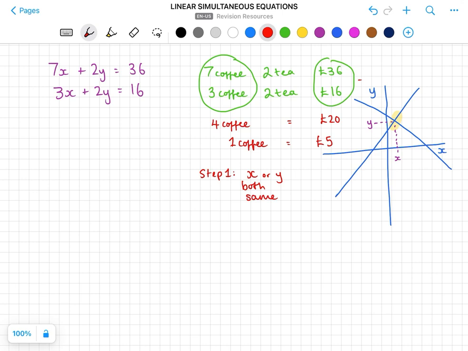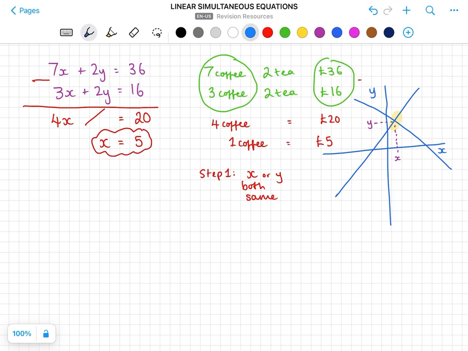So positive 2y take away 2y gives us nothing, it cancels out. So this is why we now subtract the rest of the equation. 7x minus 3x is 4x, 36 minus 16 is 20. Divide both sides by 4, that's x equals 5.